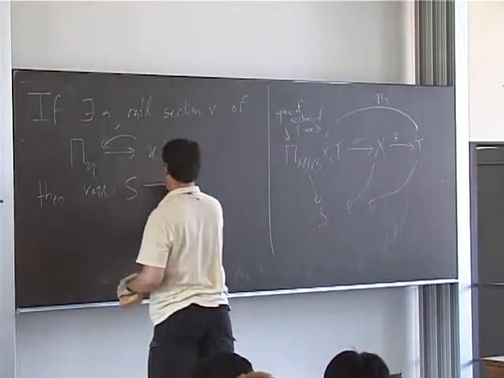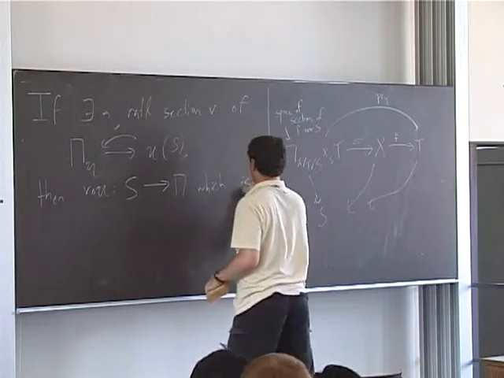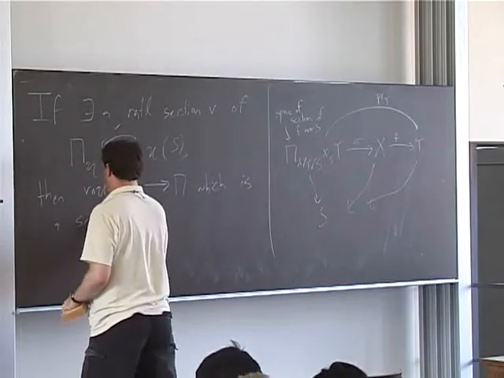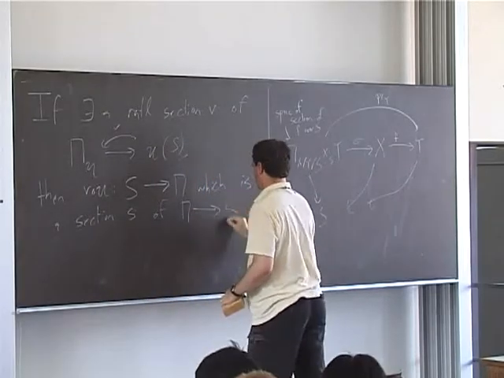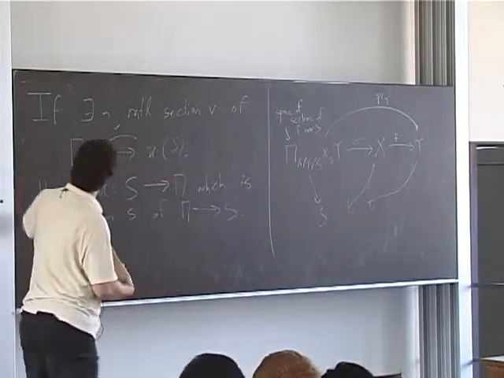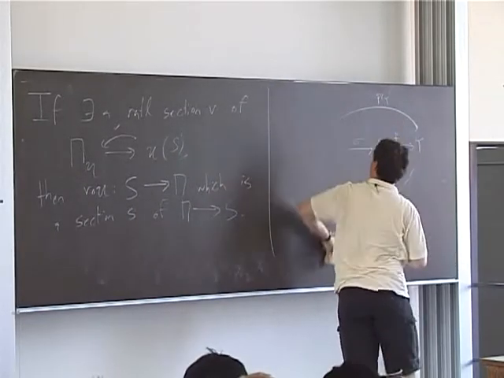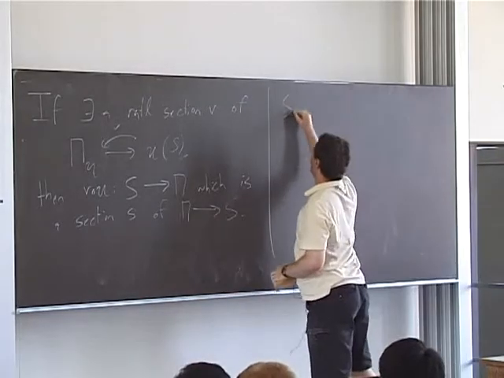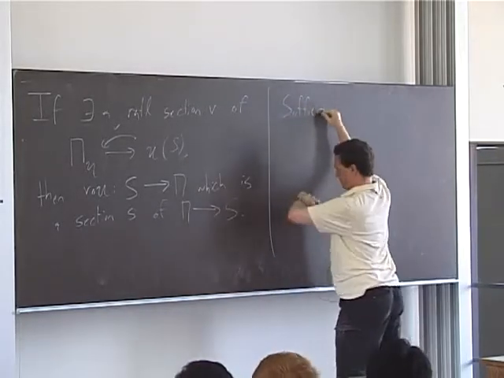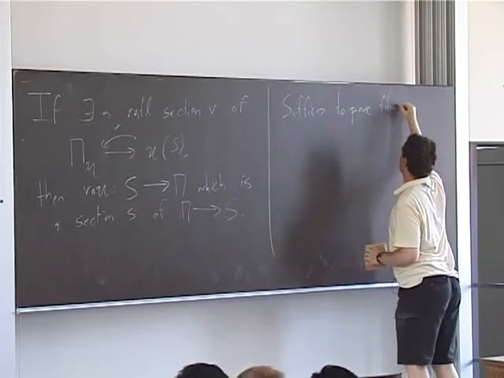So that's a map from S to pi, which is a section of this projection to S. So the whole point is that it suffices to prove that the fibers of alpha are rationally connected.